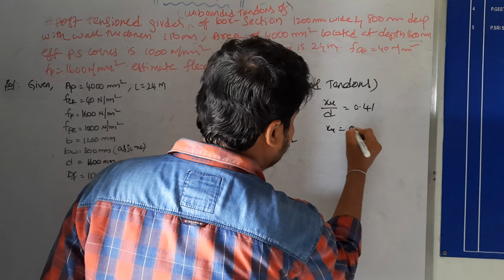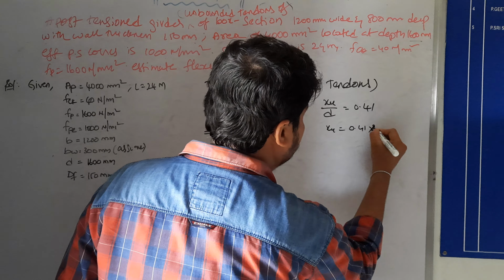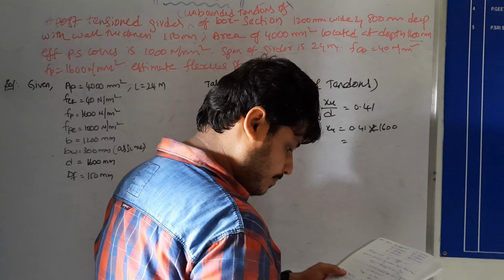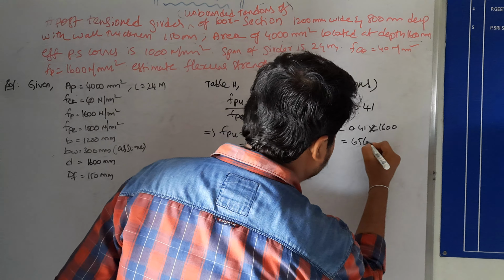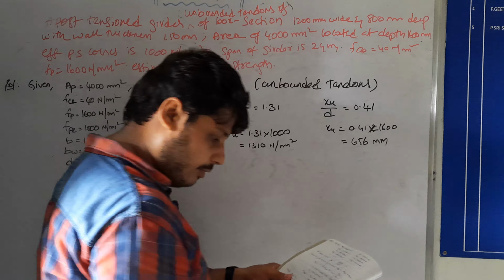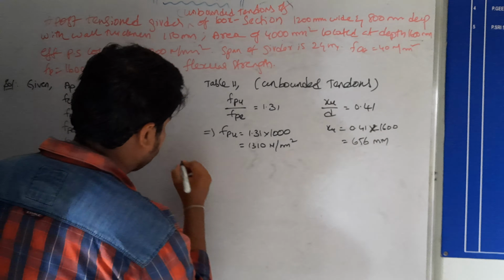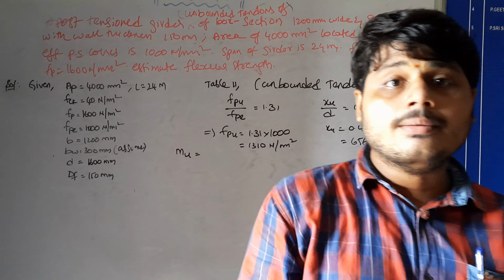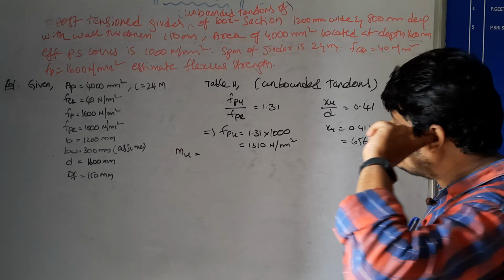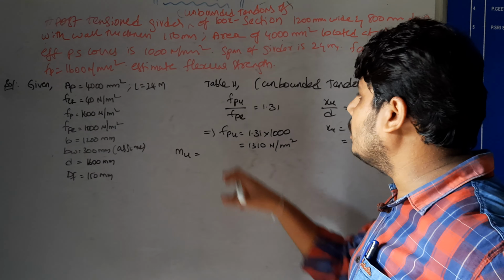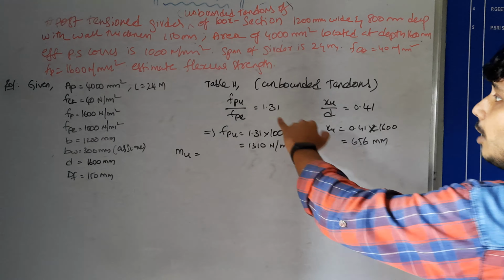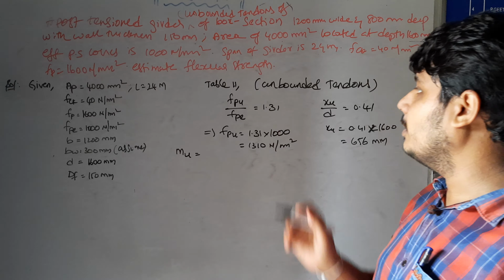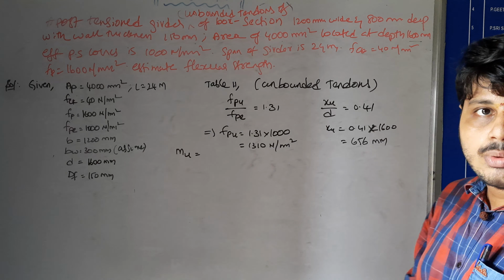XU is equal to 0.41 into D, 1600. We get the value as 656 mm. So this is the main formula for Mu. Please remember these values. While solving in the doubt class, I will say how we get these values in the code book: FPU is equal to 1.31 FPE and XU by D is equal to 0.41.